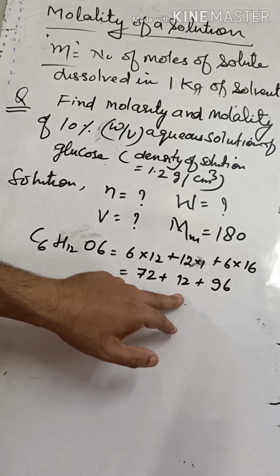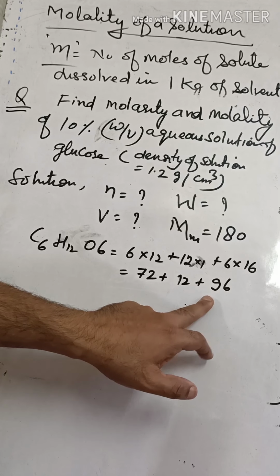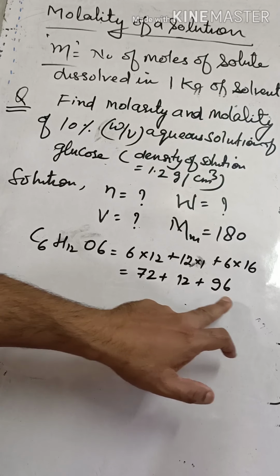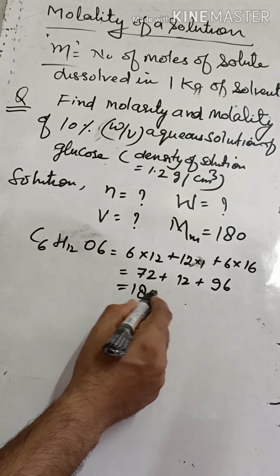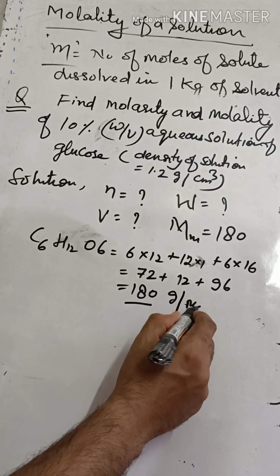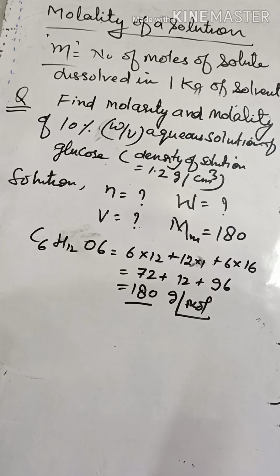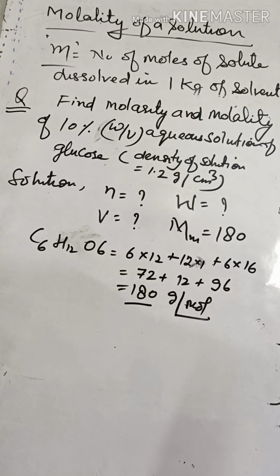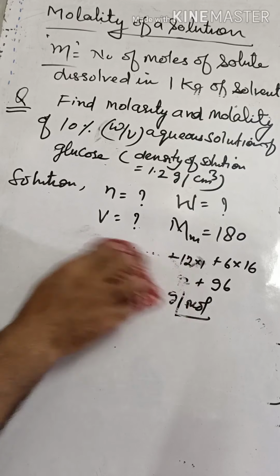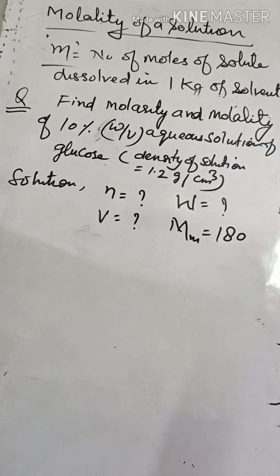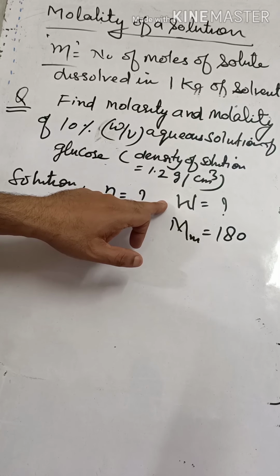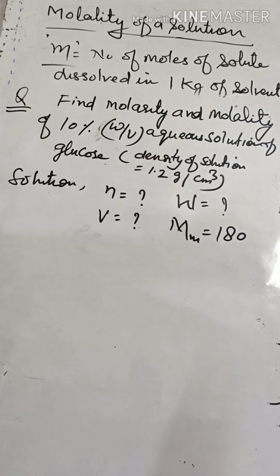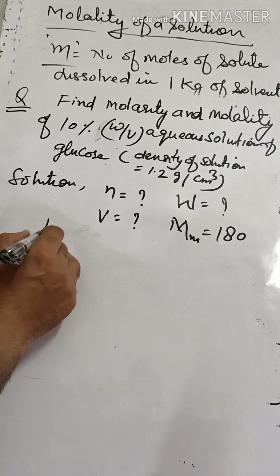So 96 plus 12 is 108, and plus 72, it is 180 gram per mole. This is the molar mass of glucose. Simply we can find it out. And to calculate molarity and molality, we require number of mole, volume of solution, amount of solvent in kg and molar mass.